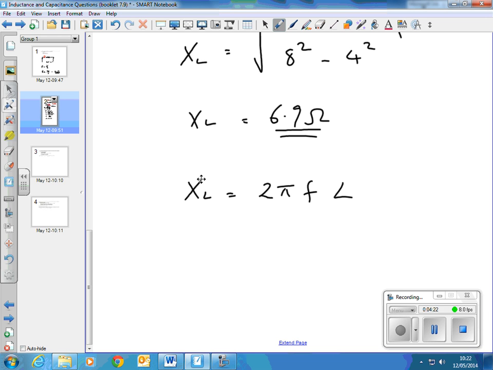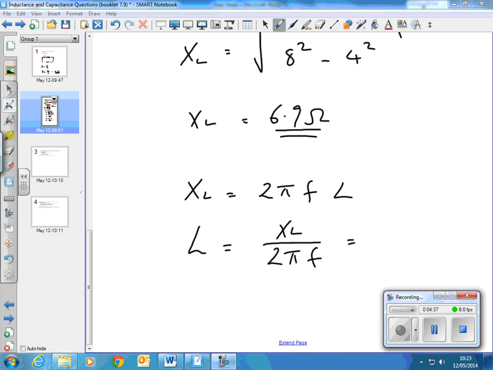We know the frequency is 50 Hertz, so L equals XL over 2 pi f, and we work out what that is again on the calculator. And it turns out to be 0.0219 henries or 21.9 millihenries.